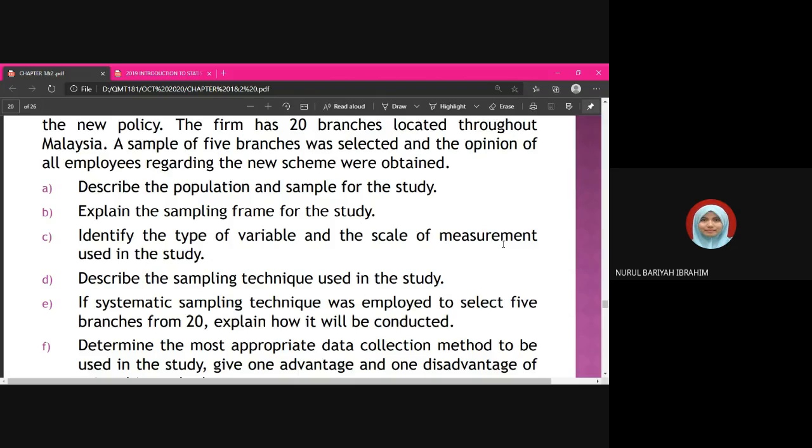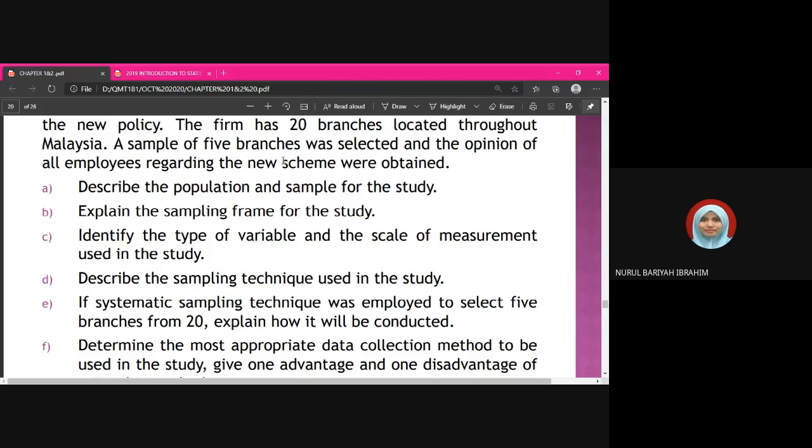Okay. So let's say kat sini dia nak gunakan systematic, which is nak select 5 daripada 20 branches tadi, gunakan systematic sampling technique. So recall macam mana dia punya process of systematic sampling. First of all, you need to listkan dia punya sampling frame. So list kat sini, nak listkan sampling frame kat sini adalah listkan the cluster lah, sebab you nak pilih the sample kat sini adalah nak want to select the clustered sample.